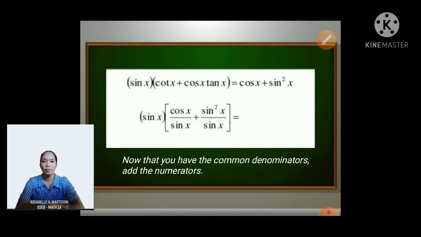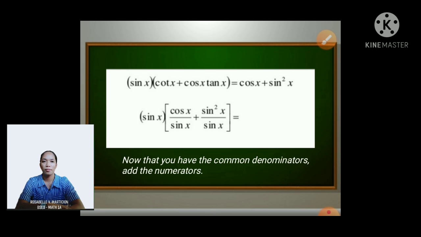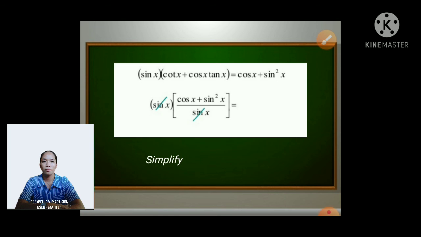Sin x multiplied by sin x is equal to sin squared x, so it becomes sin x squared over sin x.